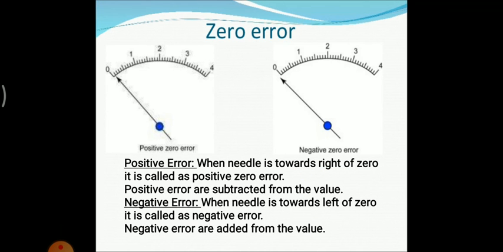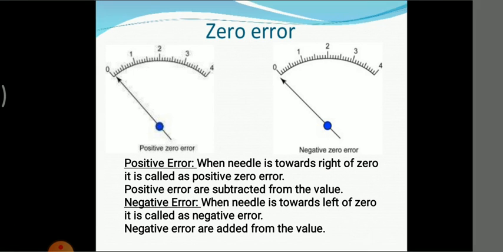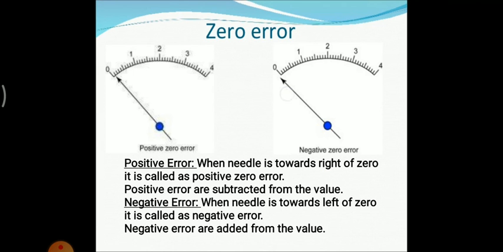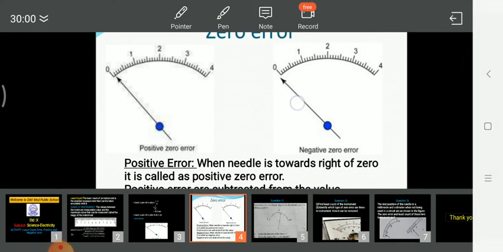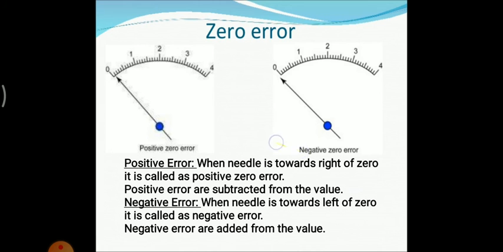If the needle is towards the left of the 0, that error would be called a negative zero error. Positive error is when the needle is towards the right of the 0. So zero errors are of two types, positive zero error and negative zero error.